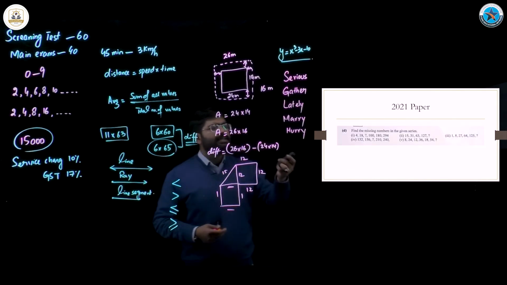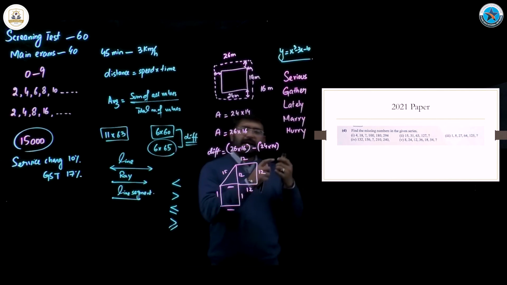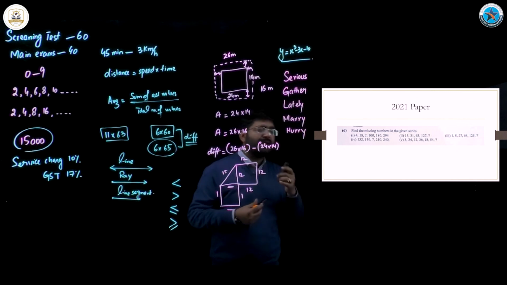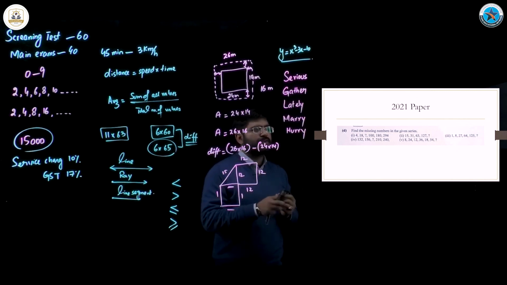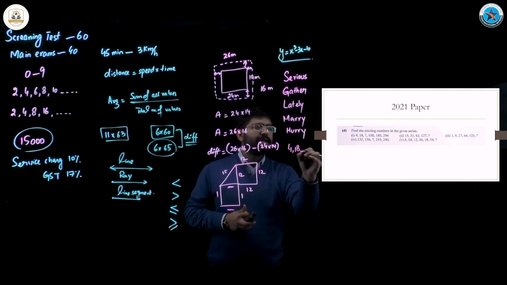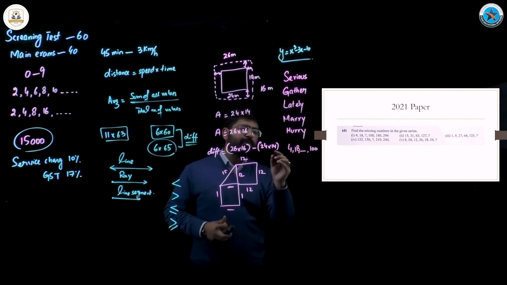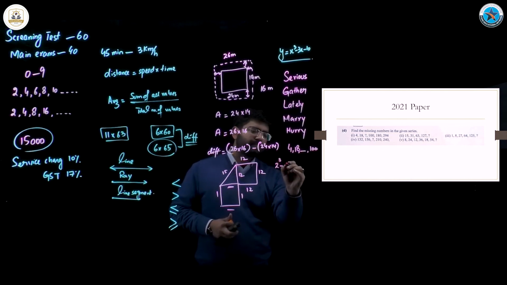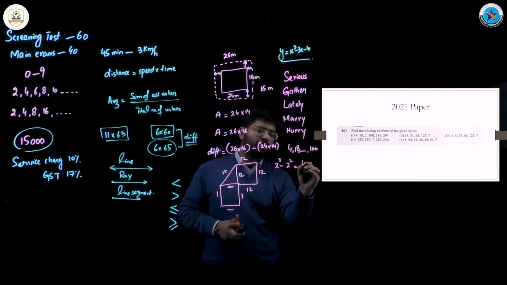In the number series, in a similar way, you will have to find the logic of how the series is proceeding in a particular direction. For example, in the first series, 4, 18, and then 100. The thing that would be employed here is 2 cube minus 2 square is equal to 4.